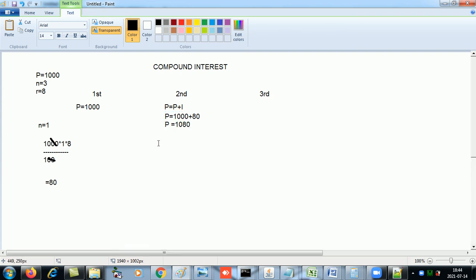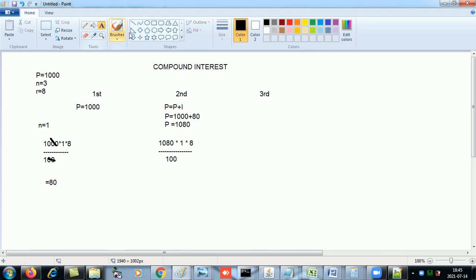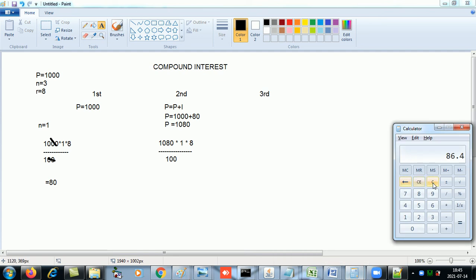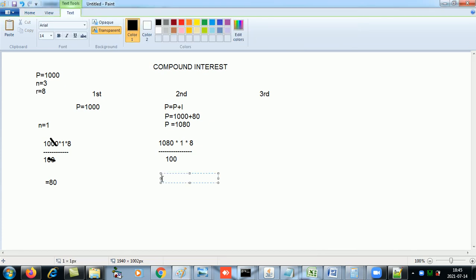So 1080 into 1 into 8 divided by 100 is 86.4.